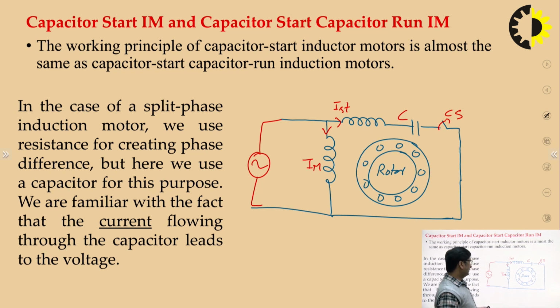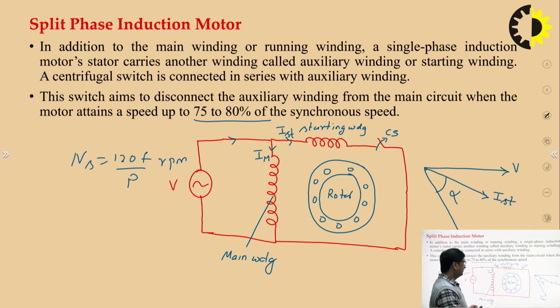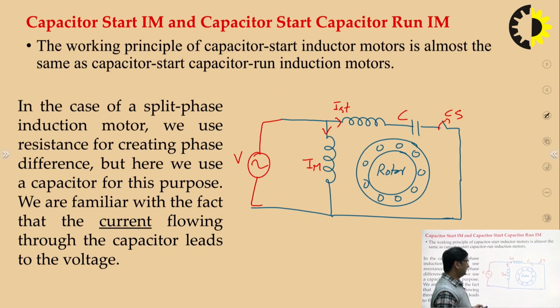Now again when we provide the supply to the main winding, we have two currents. One is called the main winding current, and one is called the starting current, just like in the case of the previous motor. But the difference between the two is that here we have the capacitor.